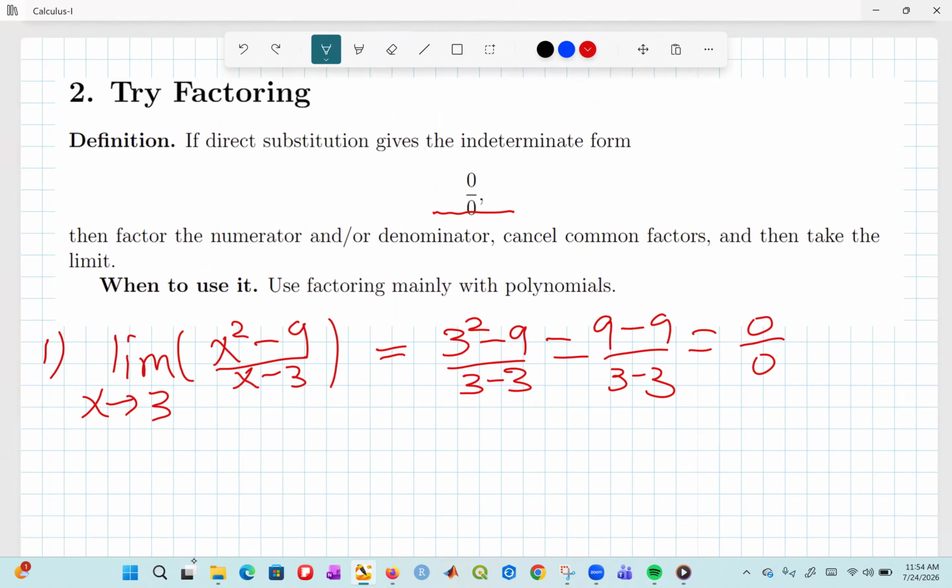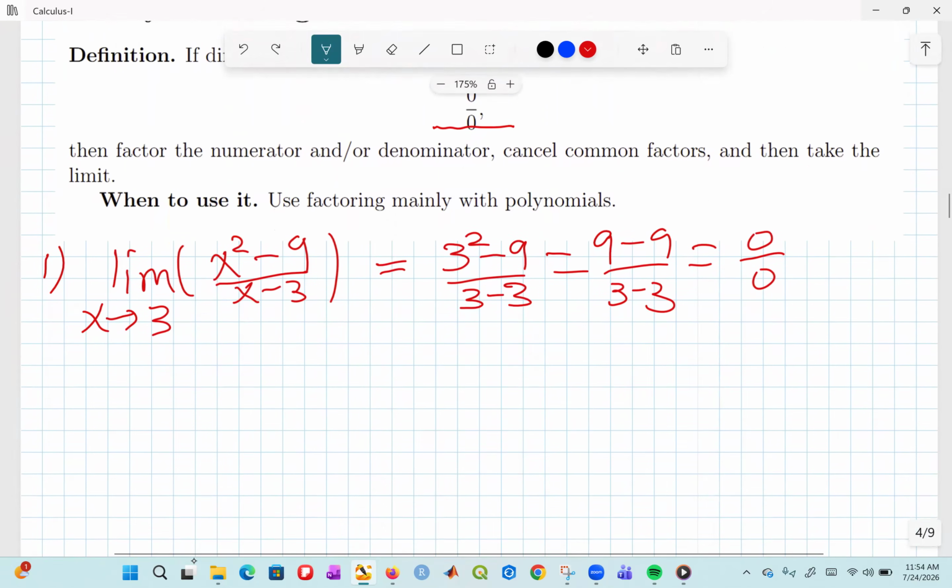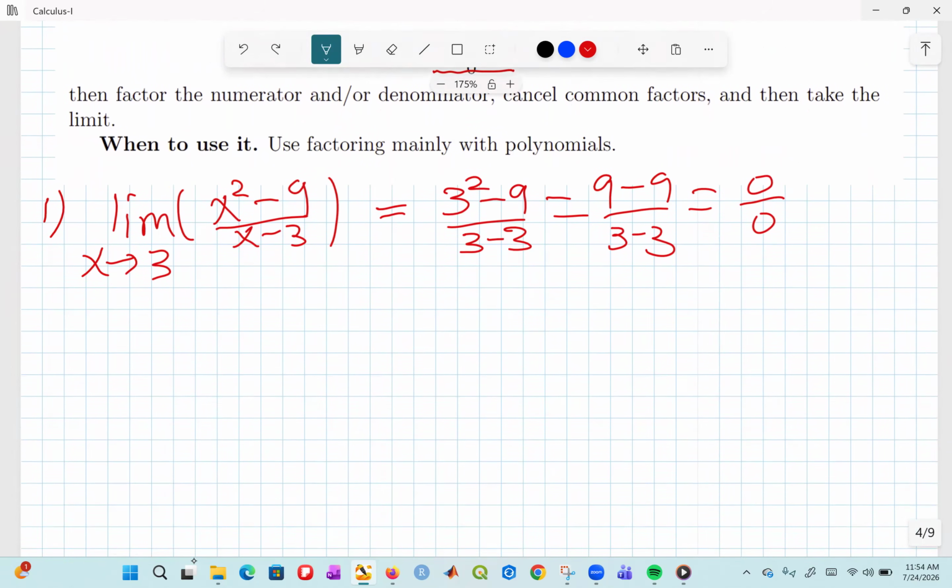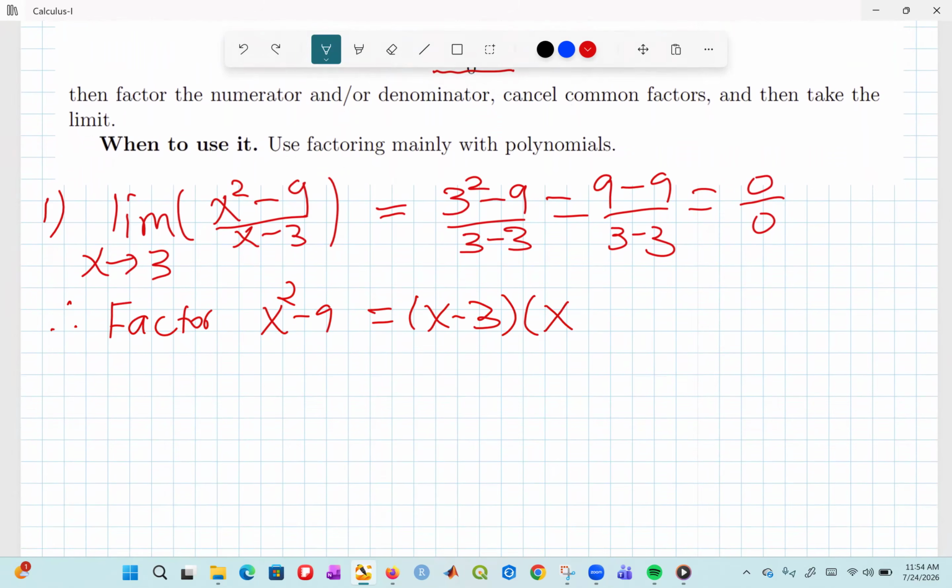So let's factor the numerator, x squared minus 9. Therefore, we have to factor, right? x squared minus 9 is equal to x minus 3 times x plus 3.